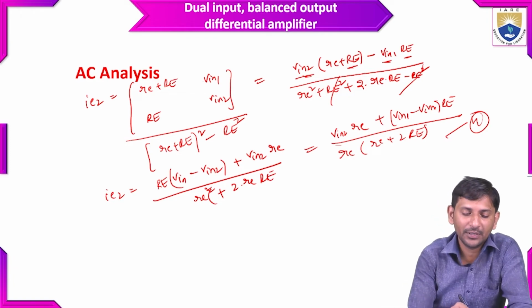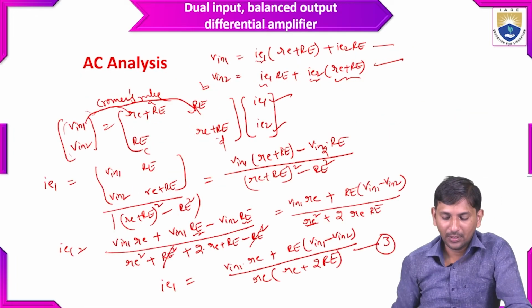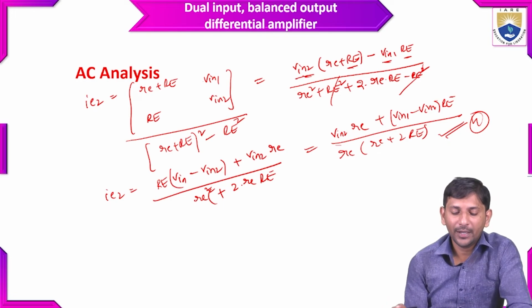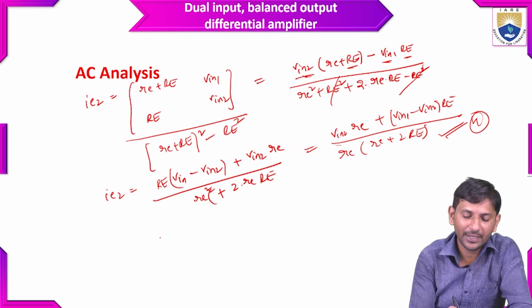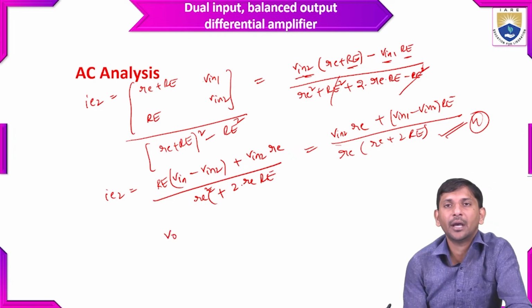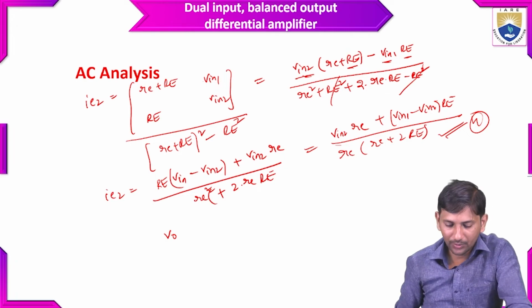So now we know this IE1 value, the third equation, and we know this IE2 value. Now what is our main importance is we have to calculate the gain. For that gain we need to know the output voltage. So what is the output voltage here?